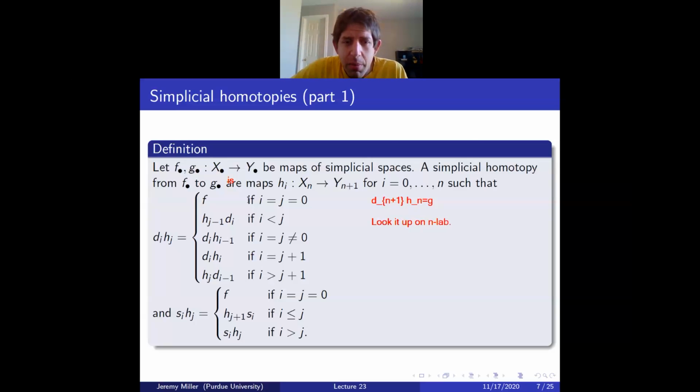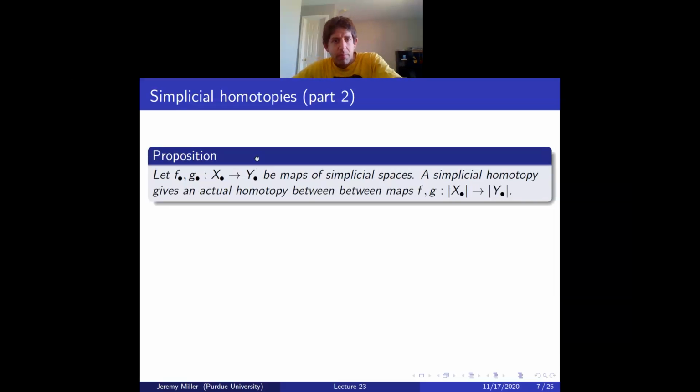But the point is that there's a more conceptual definition of what a simplicial homotopy is. If you want to write down a formula and check that it's a simplicial homotopy, then this giant thing is actually what you want. So why are simplicial homotopies useful?